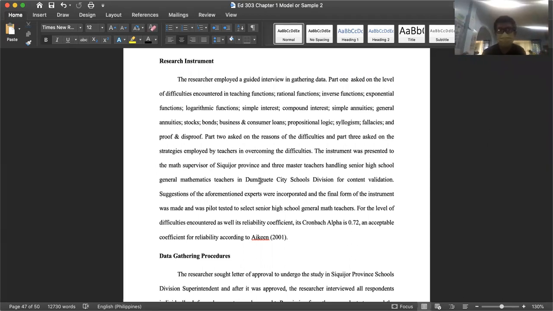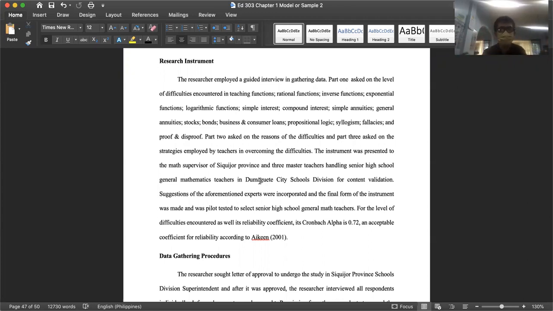That is actually the process. Why? Because the target population will be your final respondents, and if you do the pilot testing, then they already know the contents of your questionnaire. So as a process, you are going to validate that one in another schools division.